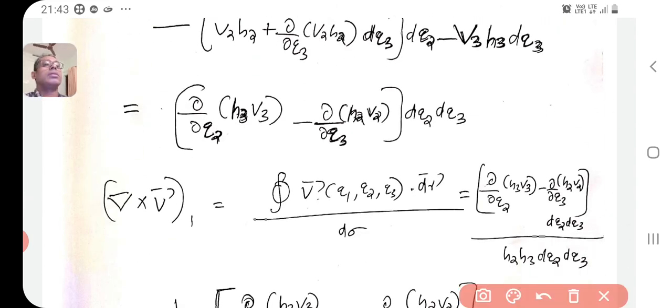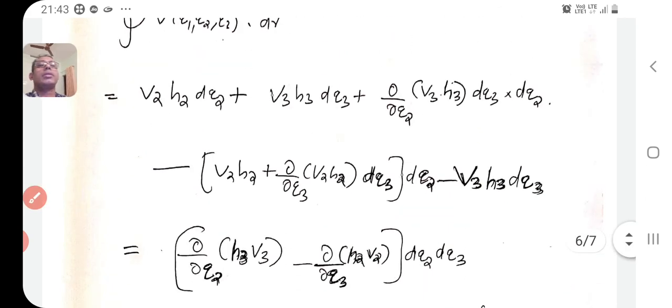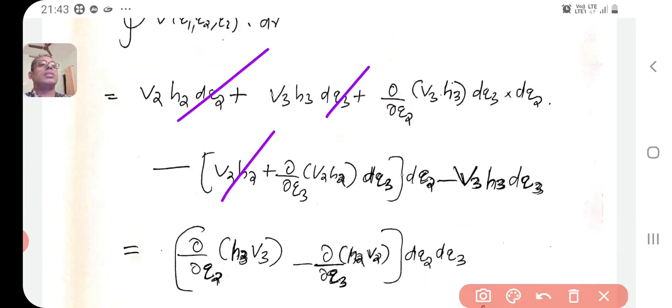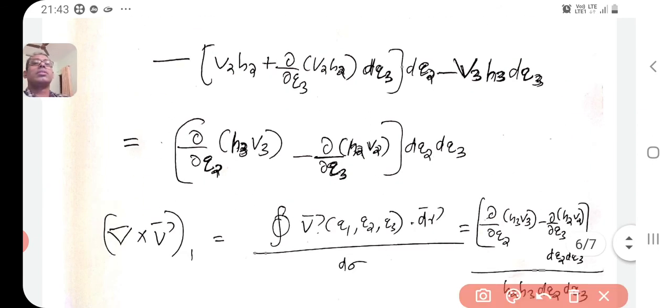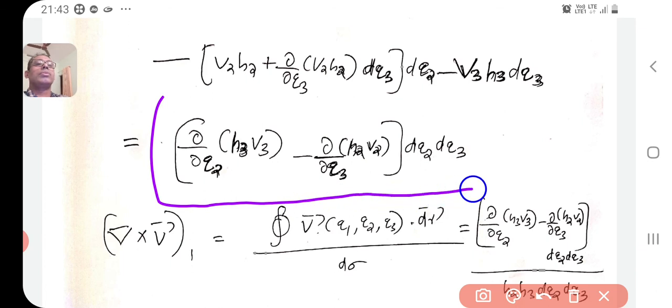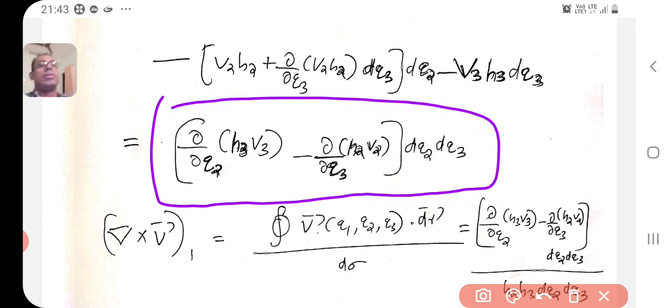As they combine, certain terms get cancelled, and we are left with only ∂/∂Q2 of (h3 V3) minus ∂/∂Q3 of (h2 V2), times dQ2 dQ3.